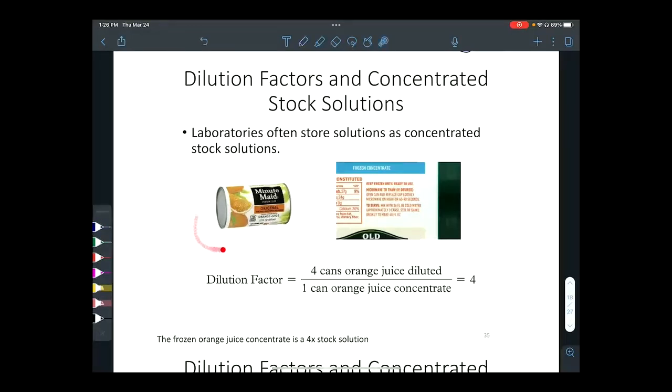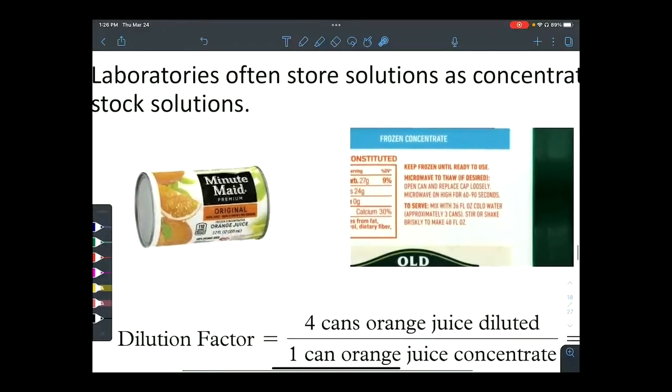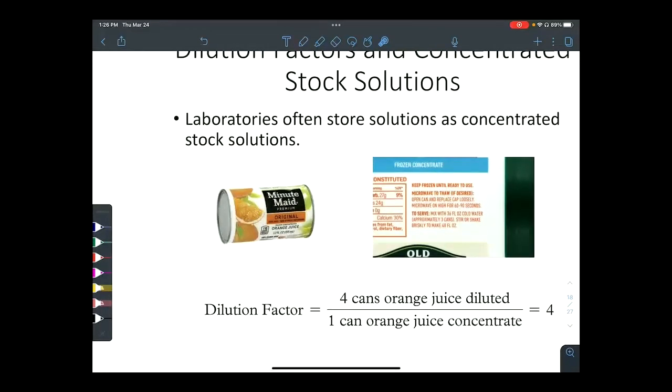Does anyone ever drink orange juice like this? You get it from the freezer aisle and you dilute it. I had a hard time finding a picture that actually had the directions. You buy this in the freezer aisle, you throw it into a pitcher and you dilute this frozen orange drink with water to make ready-made orange juice.